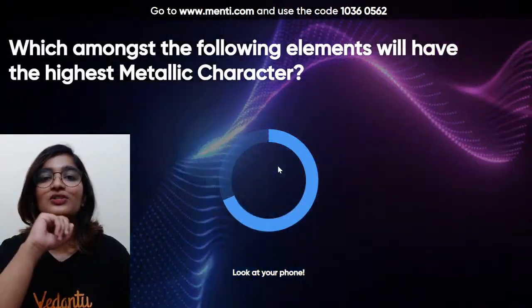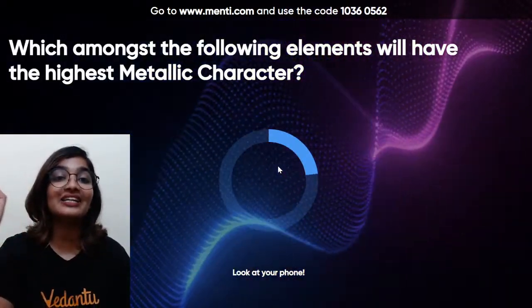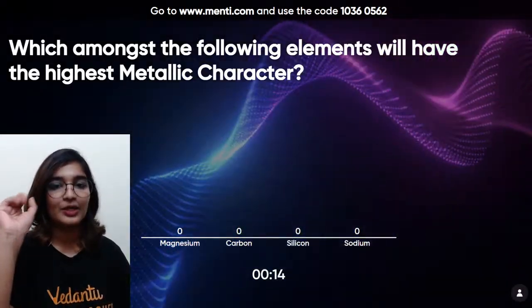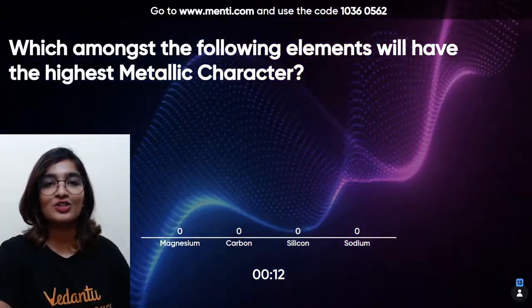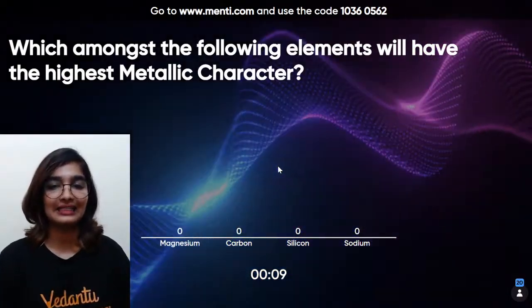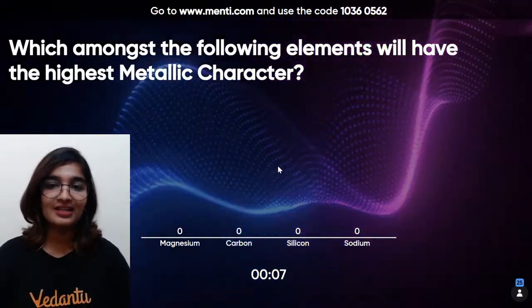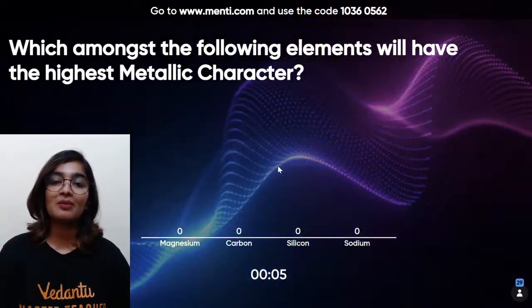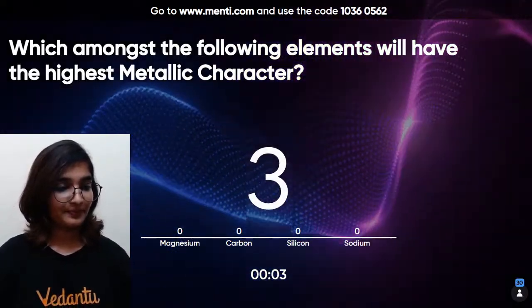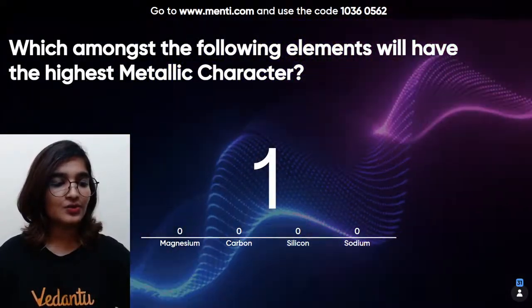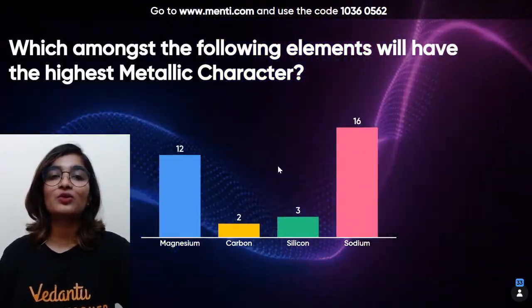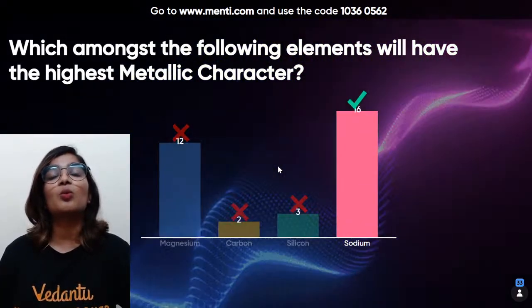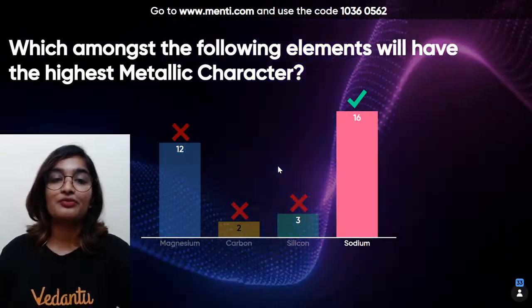Which amongst the following elements will have the highest metallic character? You have magnesium, carbon, silicon, sodium. See what happens to the metallic character across the period and down the group. If you have not joined the Menti, please go to www.menti.com and use the code 10360562.